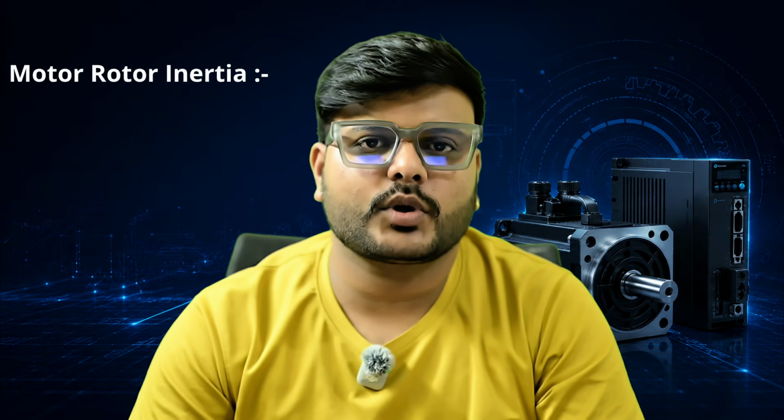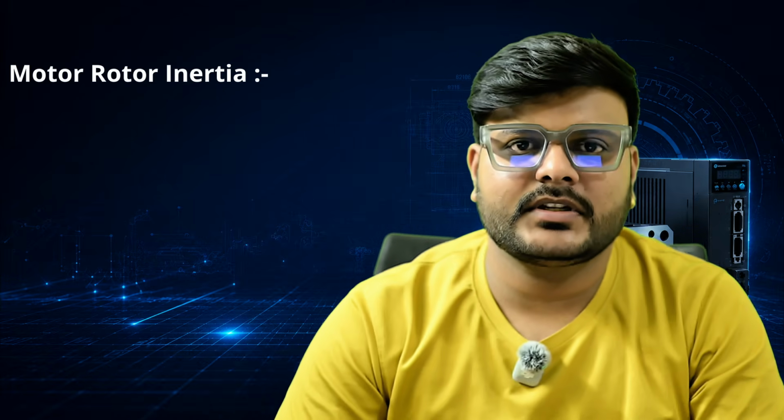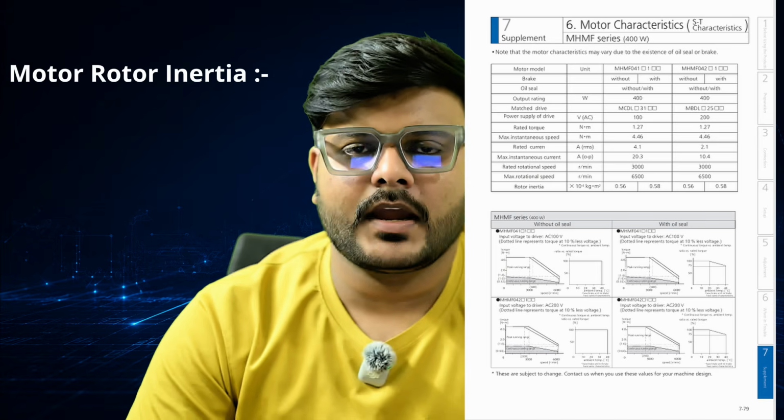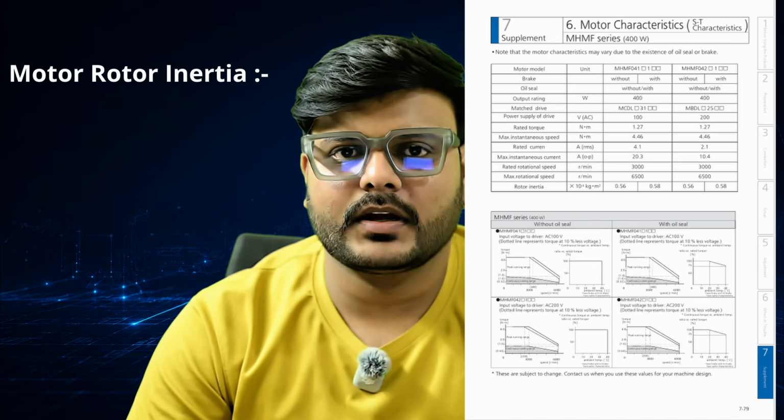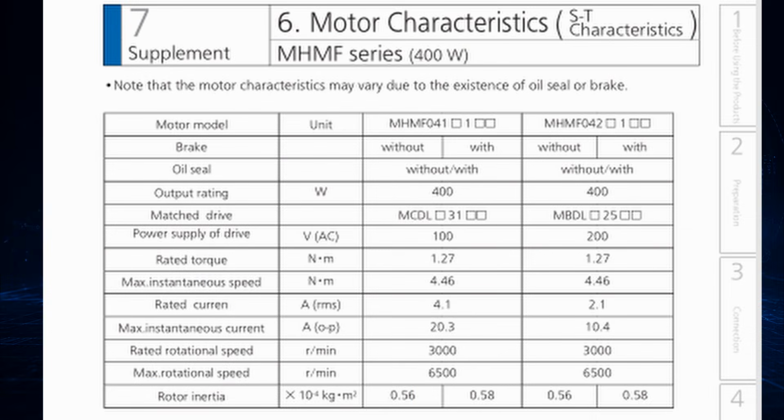Next is motor rotor inertia, which is selected from the manufacturer's catalog. We are referring to the Panasonic catalog, and by using the Panasonic catalog, we get a rotor inertia of 0.58 multiplied by 10 raised to minus 4, meaning 5.8 multiplied by 10 raised to minus 5 kg meter square.